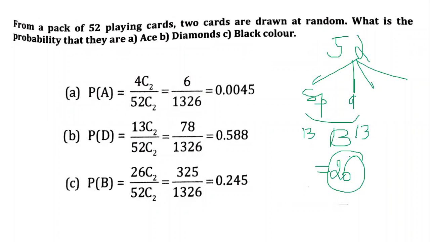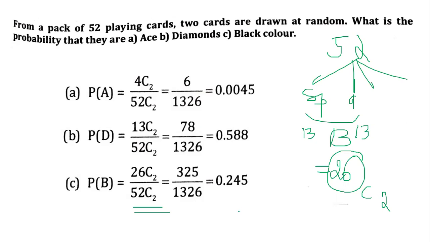Now in the 26 black cards, we are supposed to select two cards randomly, and those two cards should be black in color. They're just saying black in color. They're not saying it should be specifically spade or specifically clubs. So out of 26 cards, two cards have to be black color. So that is why we take it as 26C2, and the sample space will remain as 52C2.